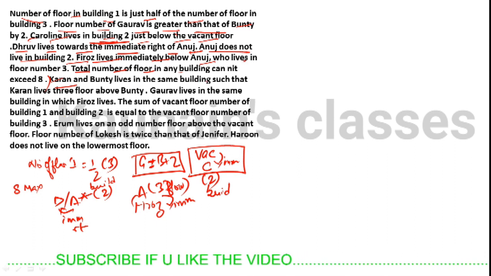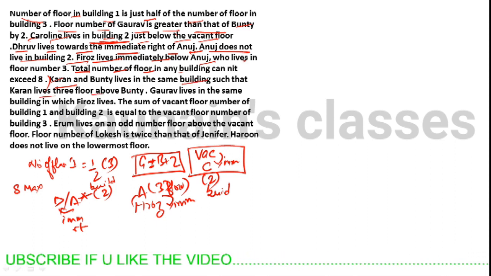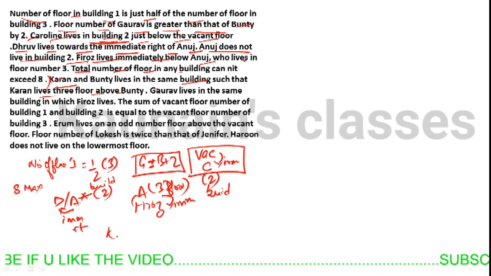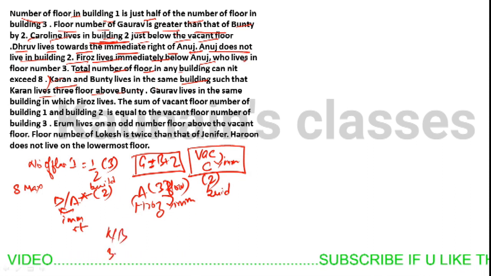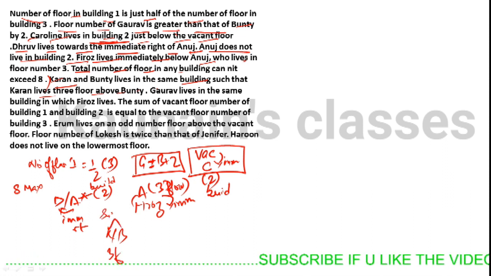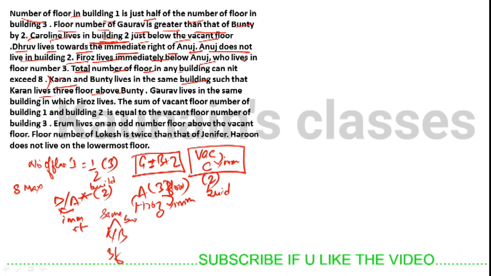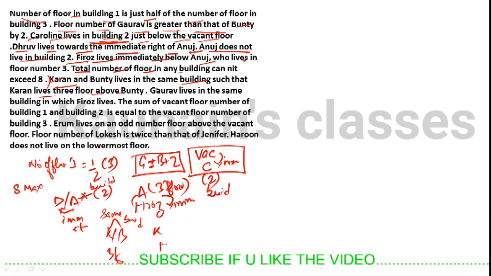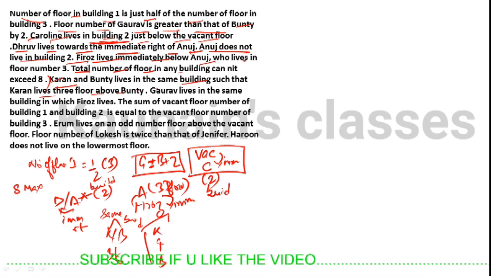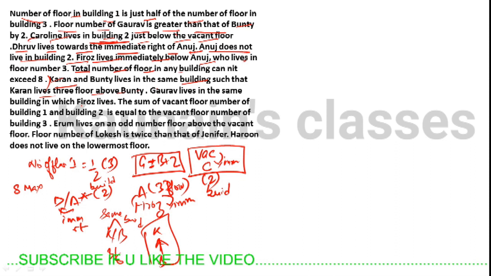Karan and Bunty live in the same building such that Karan lives 3 floors above Bunty. So Karan and Bunty are living in the same building, and Karan is living above Bunty.